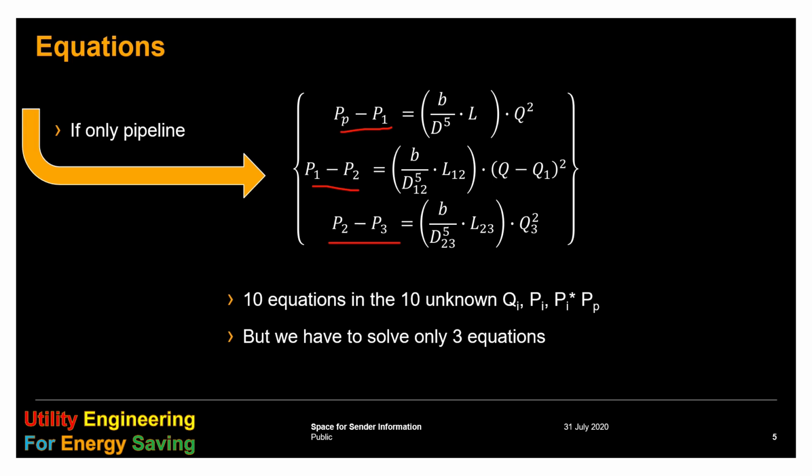Finally, we have 10 equations, and 10 unknowns, which are the flows, so three flows, the pressure before and across each exchanger, so there are additionally 6, and the pressure downstream the pump. But the good news is that we have to solve only 3 equations.